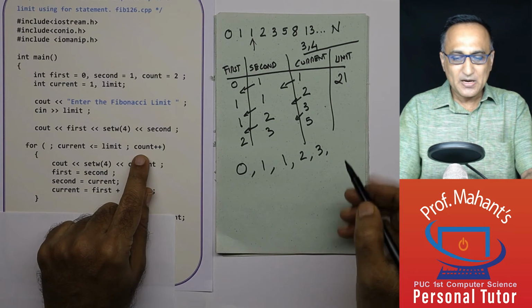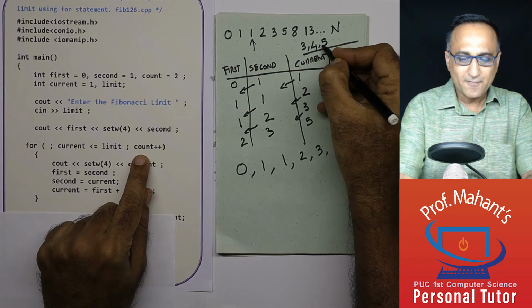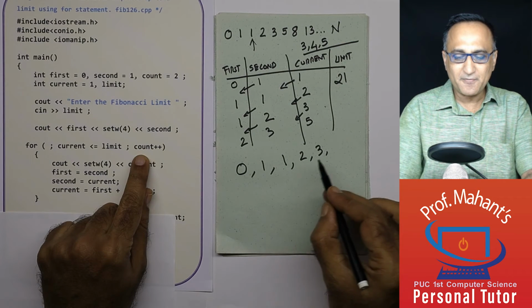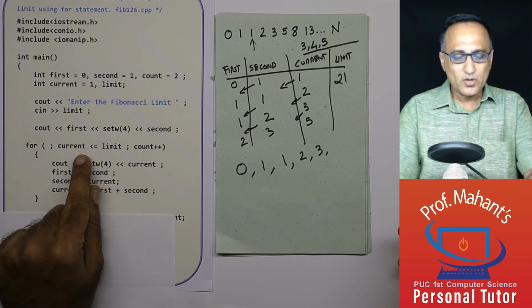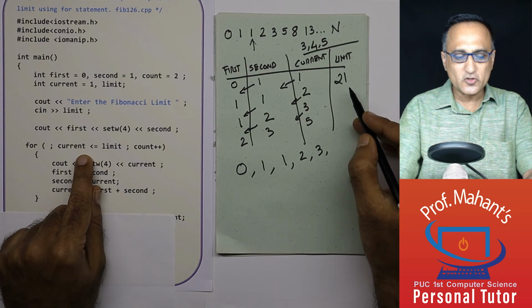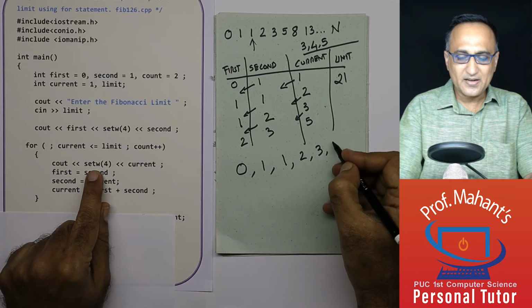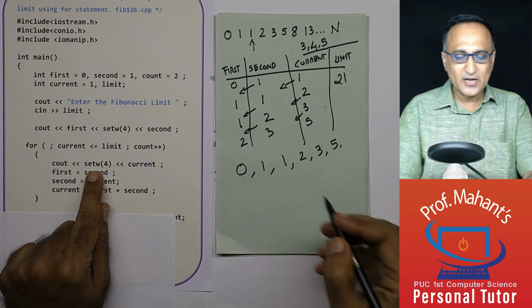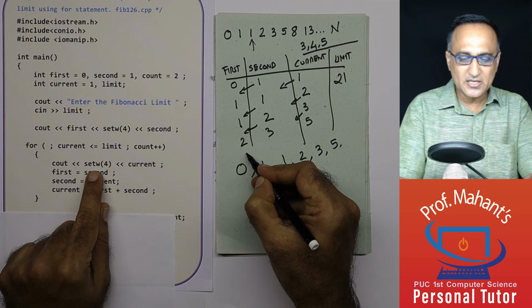Now count becomes 5, because I have printed 5 digits. Current is 5, and 5 is less than or equal to 21, which is true. So I print current, which is 5. After I print 5, the exchange takes place.